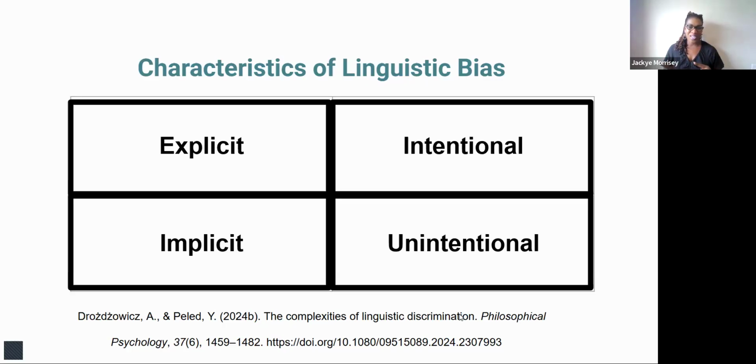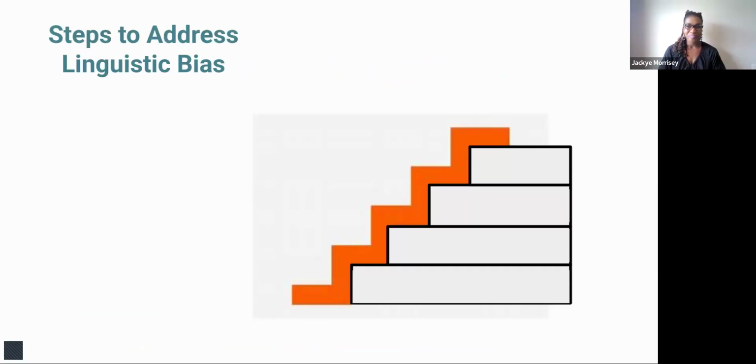Last thing, but certainly not least, I want you to note that even though they have identified these four different characteristics of linguistic bias: explicit, implicit, intentional, and unintentional, there can be overlap with these, and they're not always working a certain way. They can be just one of these things that is happening, but these are the categories that have been identified.